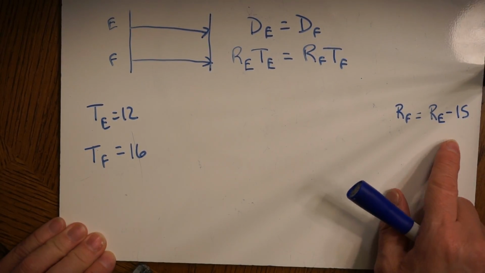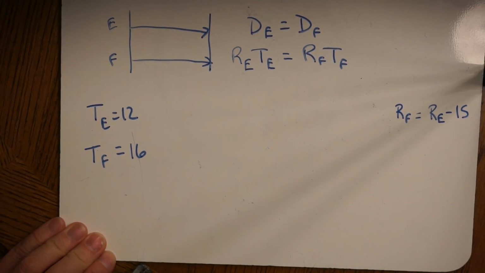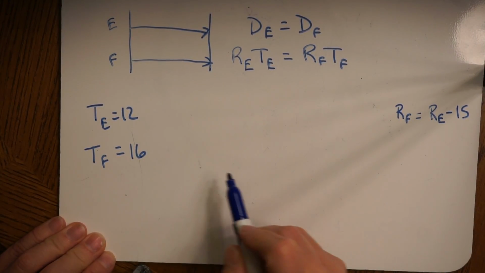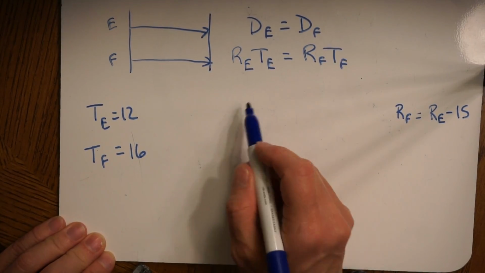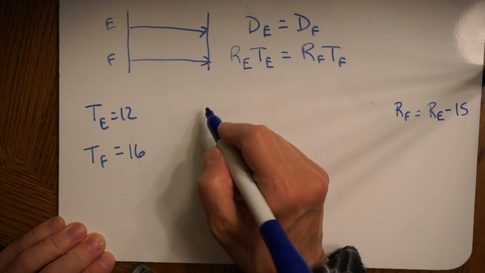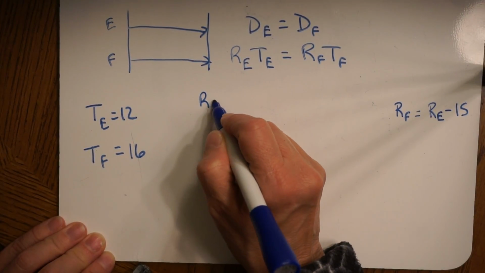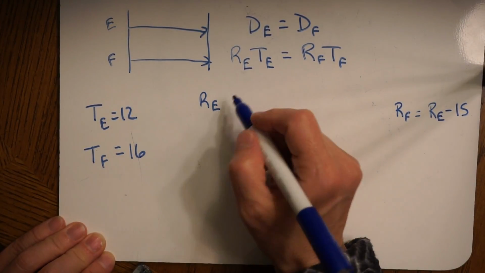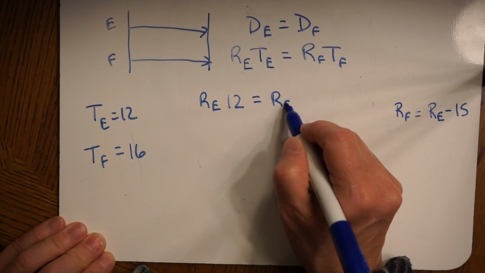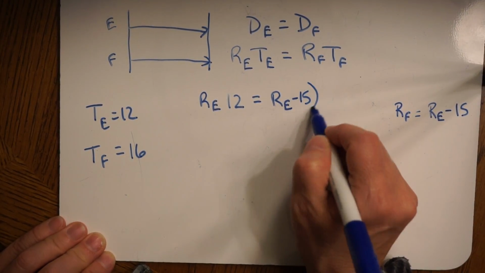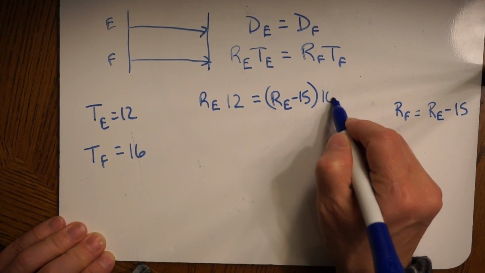And now we're just going to plug all of this in. So we have solved for our F. So we're going to solve for RE. That'll be our variable. TE was equal to 12. Our RF is equal to RE minus 15. TF is equal to 16.